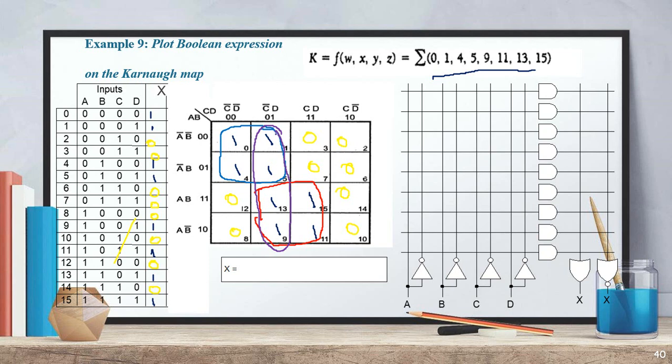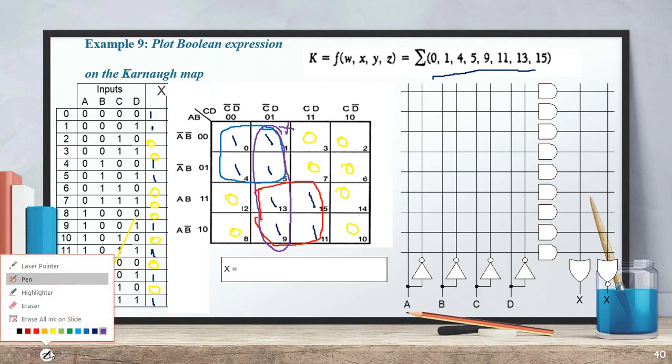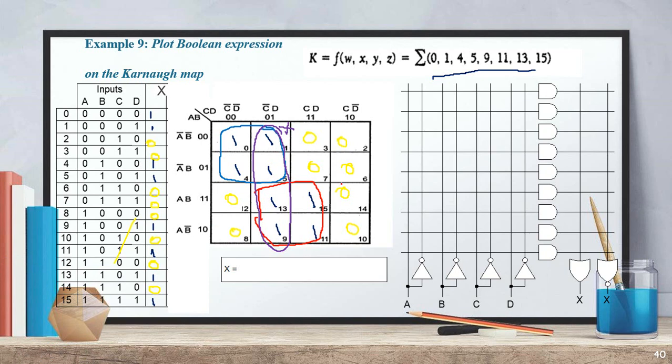But listen carefully, if you have done these 4 ones, all the ones are already in some group. So this rule is not satisfied. So this one, don't take. And only take the other 2. This is very important. Any new group you are making, at least one 1 has to be present that is not included in any other group. So we can check with these equations.